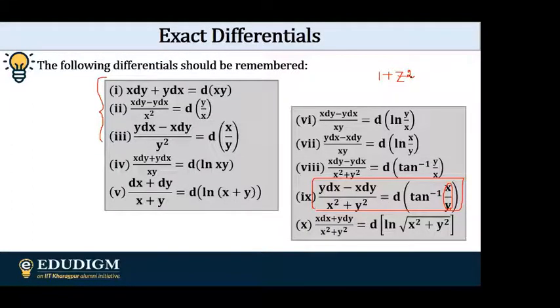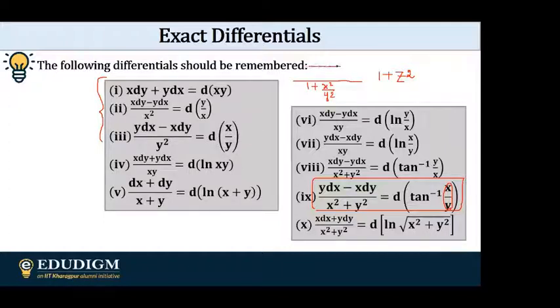Fair enough. But since we have this as x by y, apart from this denominator being 1 by x square plus y square, here I'm going to need the differentiation of x by y. What is that differentiation?